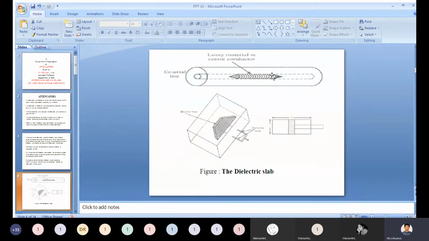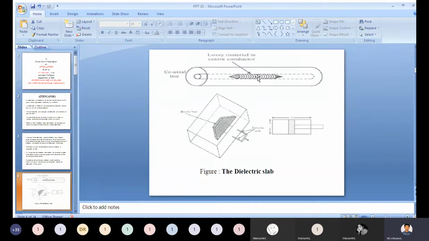The microwave power absorbed by the lossy material is dissipated as heat.